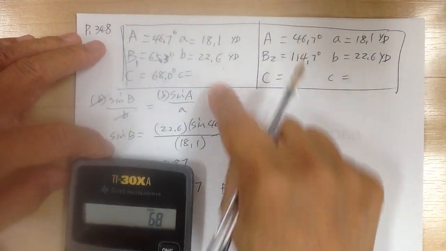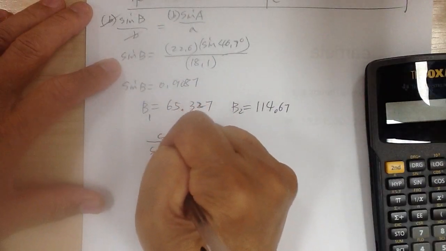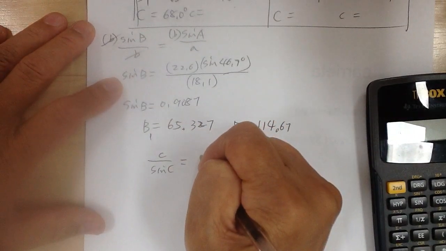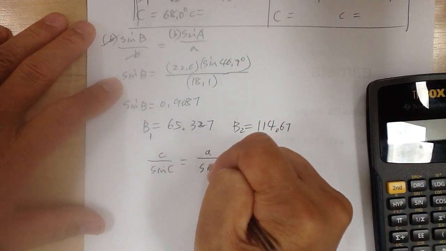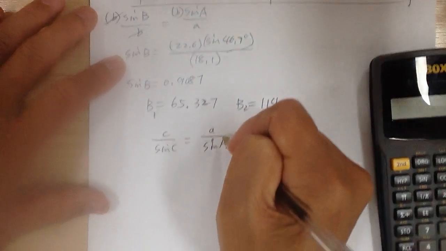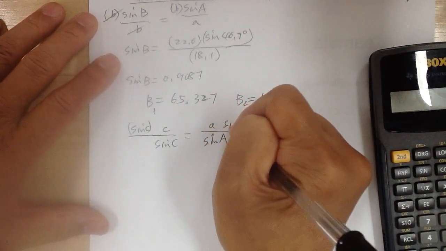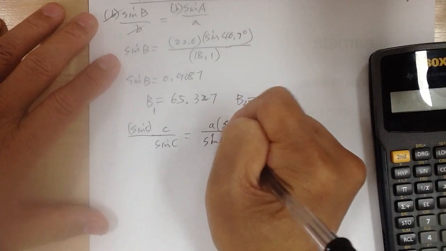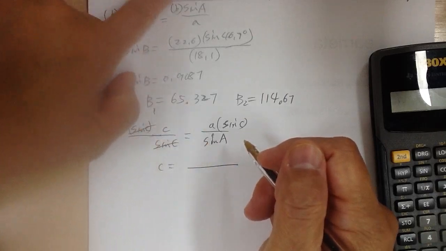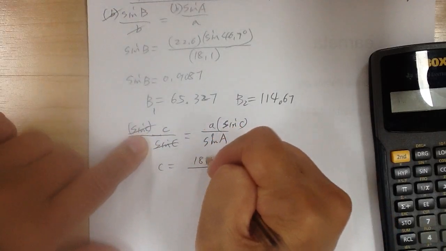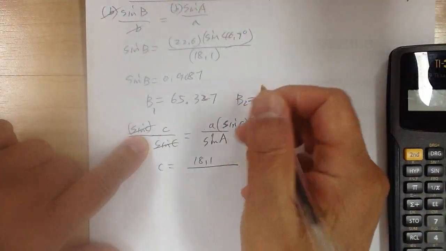And to find c, you can use the law of sines. So you go c over sine C equals, I'm going to use a over sine A. Multiply by sine C on both sides to cancel out. So c equals, small a is 18.1. Now remember you're doing this side, so make sure you don't get the two mixed up.